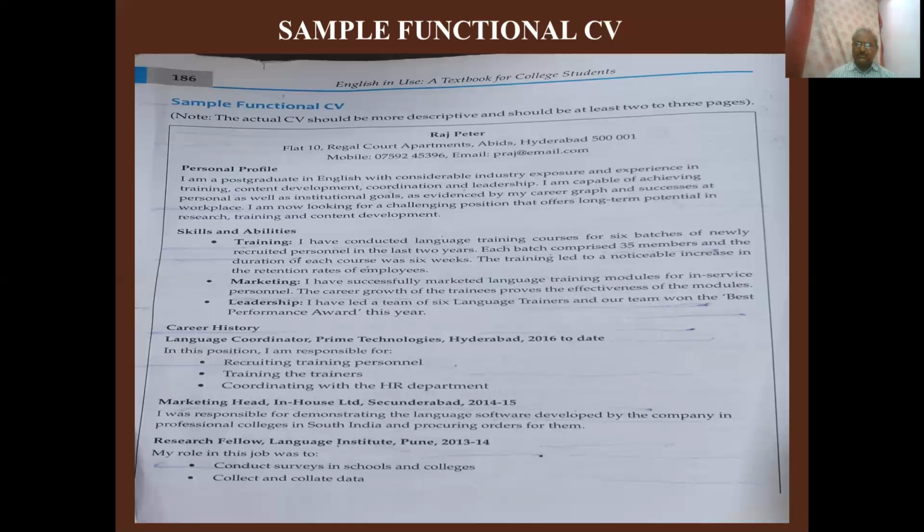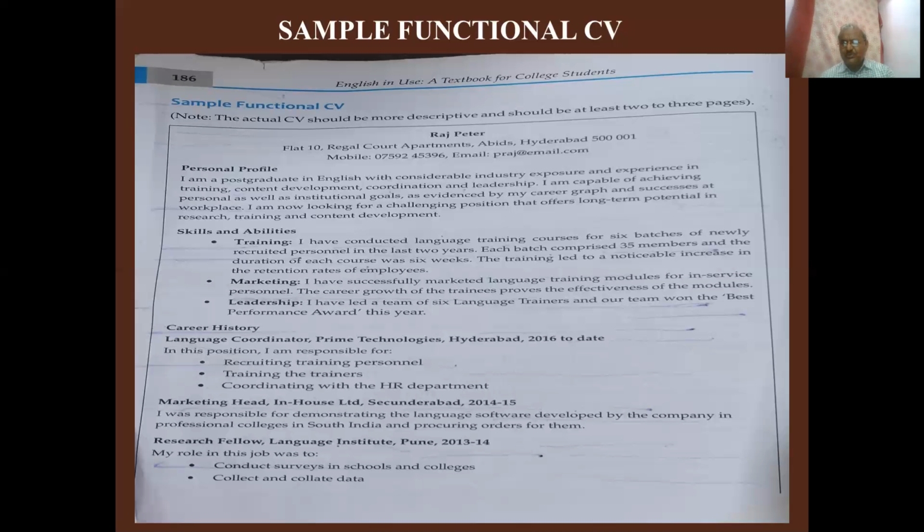Like that, you need to present this kind of beautiful, excellent functional CV, and I'm sure that you are going to get employment very easily, because this is the mirror that shows you. Though the employer doesn't see you personally, first of all he creates an impression of you just by reading your functional CV. The employer doesn't see you at the very beginning.